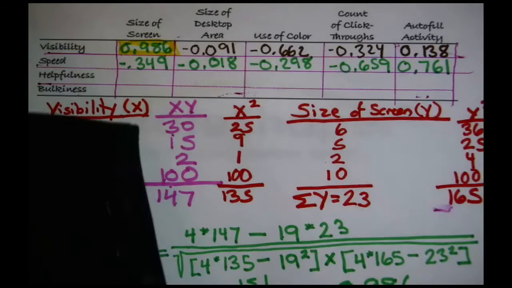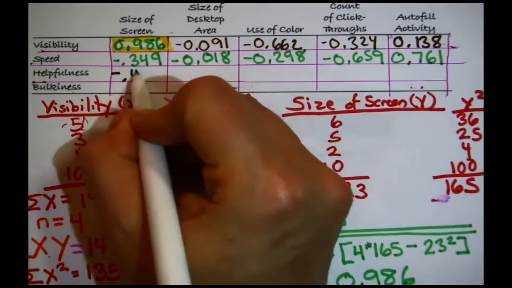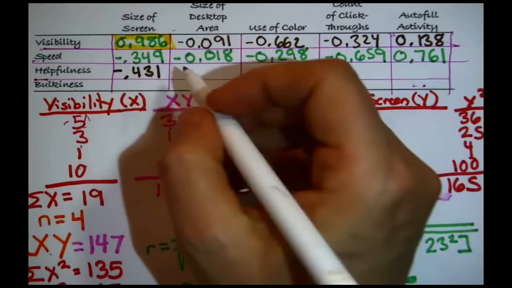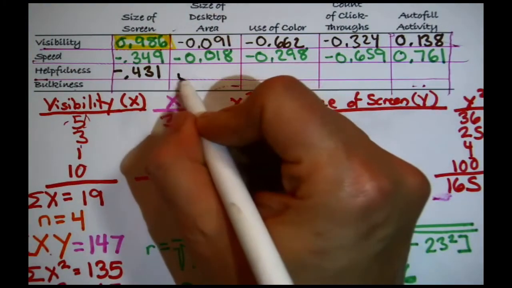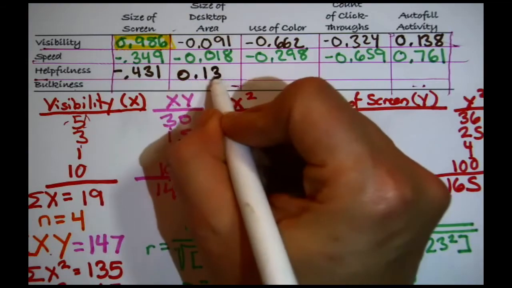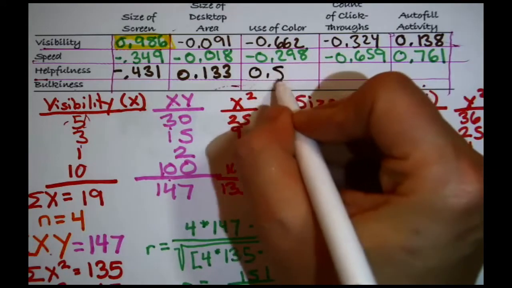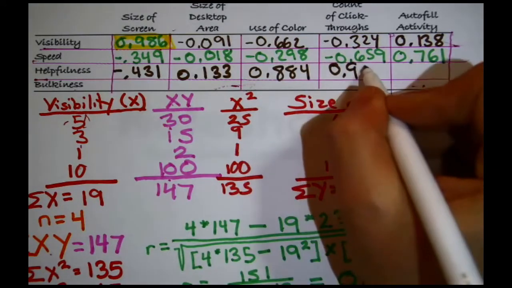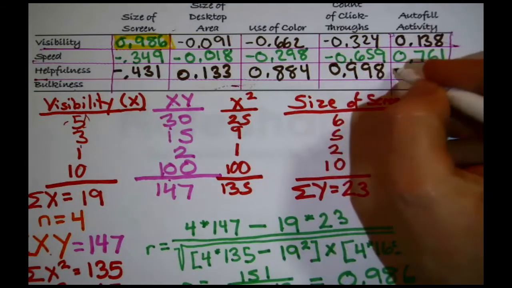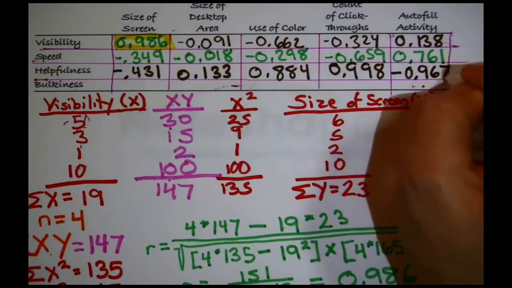Finally, helpfulness, what is it correlated with now? Negative 0.431 is the correlation coefficient between it and size of the screen. Let's see, 0.133 is the next correlation coefficient, then 0.884, then 0.998, then a negative 0.967 finishes out that row.